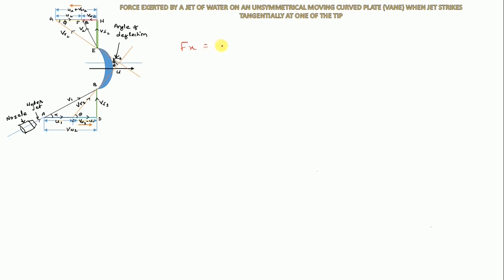So we have found that Fx is equal to rho a Vr1 into Vw1 plus Vw2. This is applicable only when beta is less than 90 degrees.